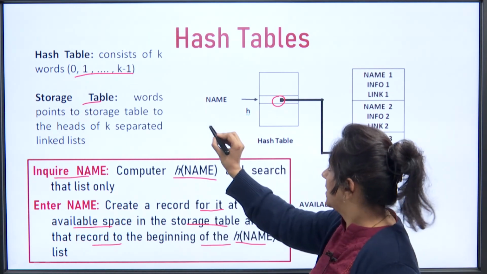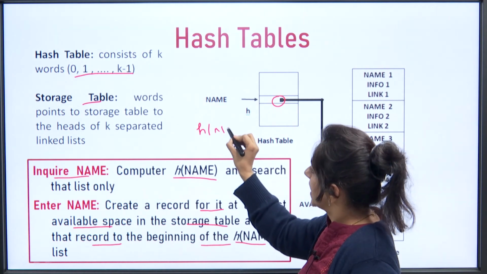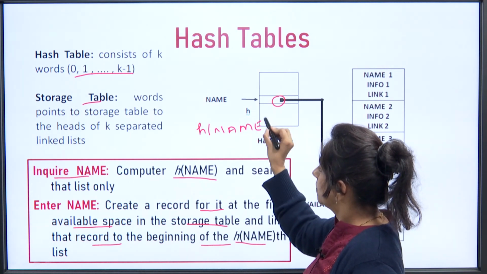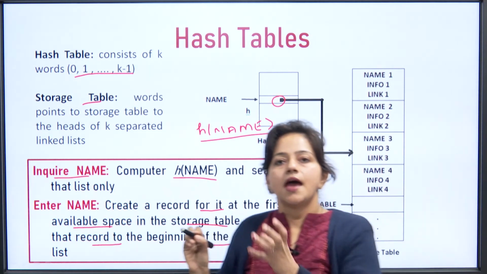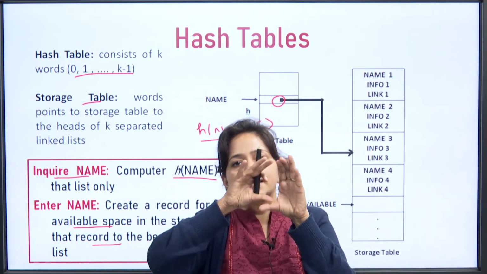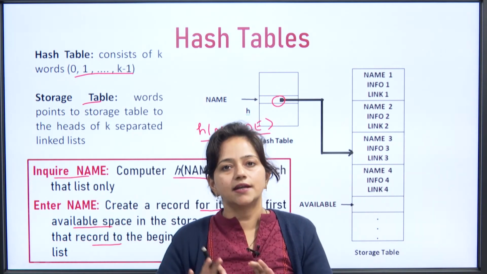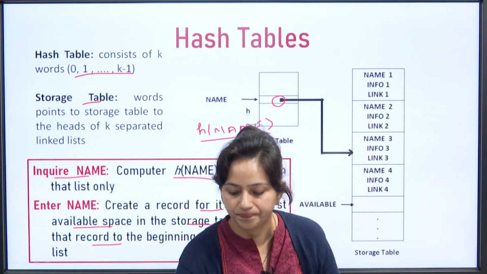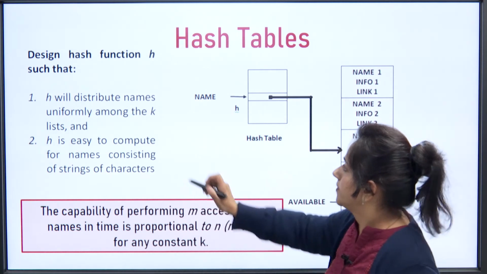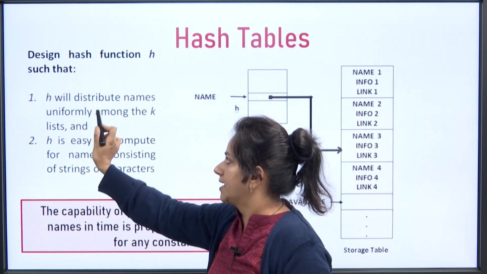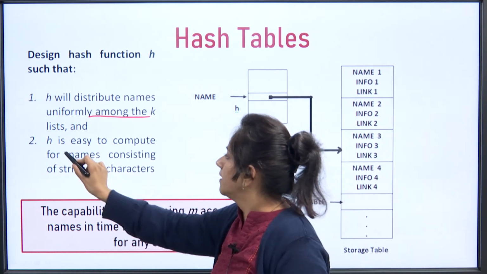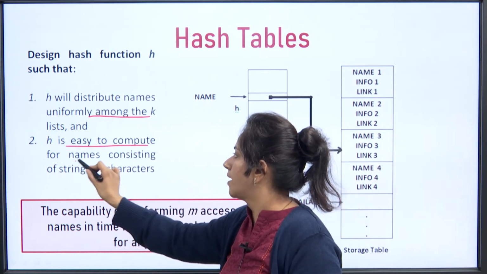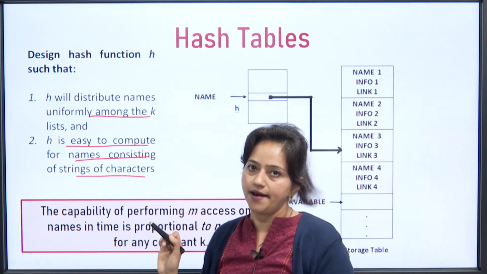So every time we will calculate H of name and find some value, go to that particular list, and in that list either the name will be searched or it will be added at the beginning of that list. Here the design criteria is that H will distribute names uniformly, and H should be easy to compute for names consisting of strings of characters.